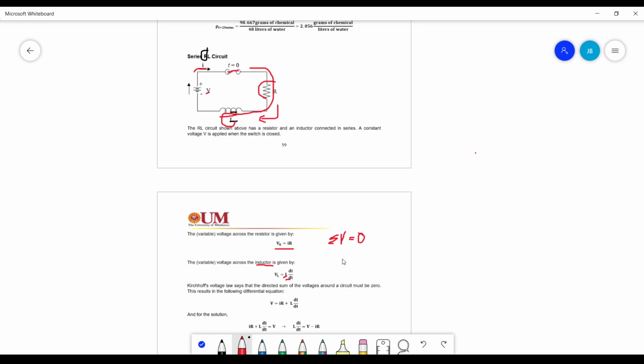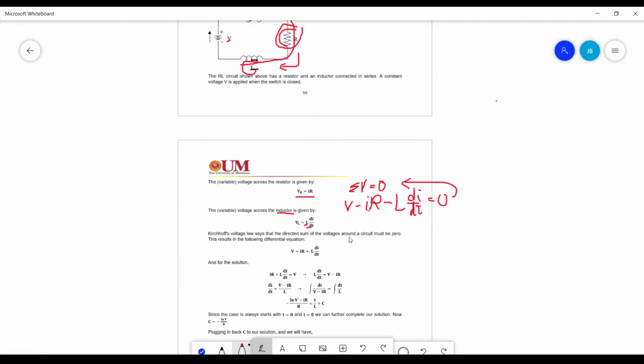So let's have V minus, for the resistor, IR, the current times the resistance, minus, for the inductor, L times the derivative of the current with respect to time. That will now be equal to 0. So that's according to Kirchhoff's law.